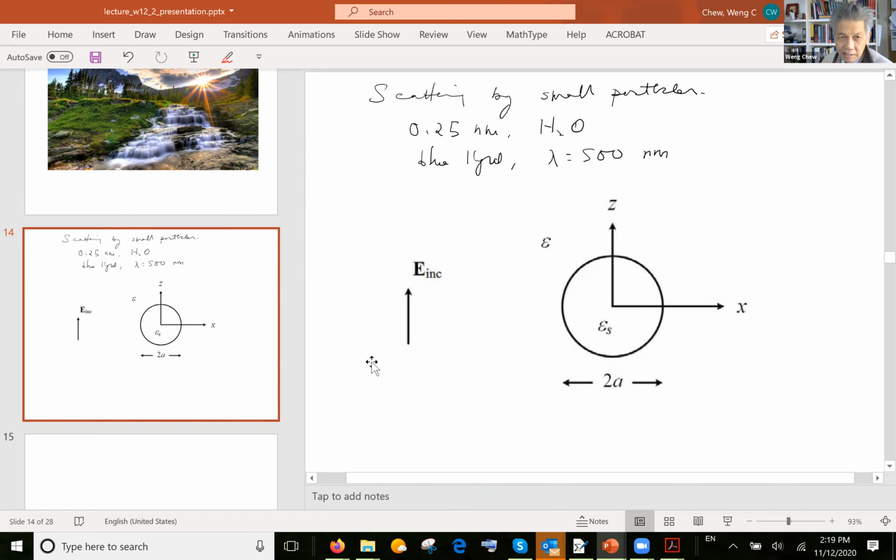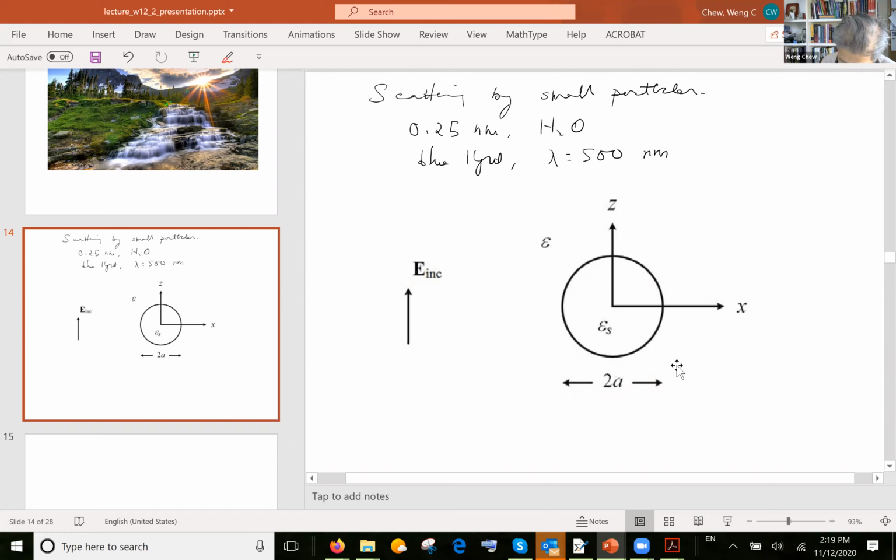So you can think of light as being an electromagnetic field, and when the field impinges on this particle, the first thing it does is to polarize this particle and make it become like a dipole. And you have done this as the homework.